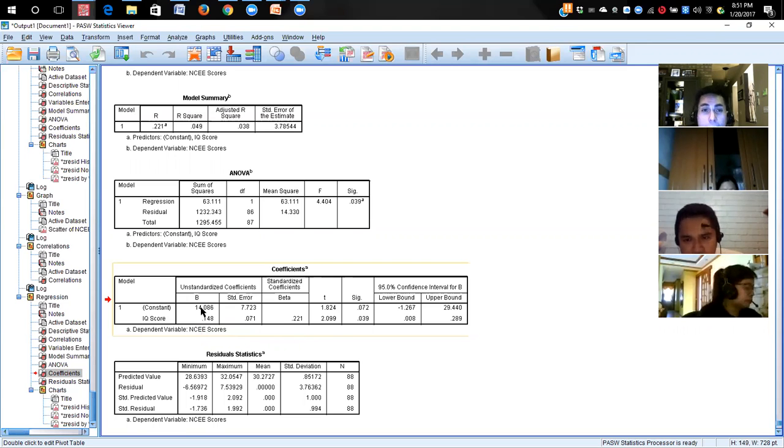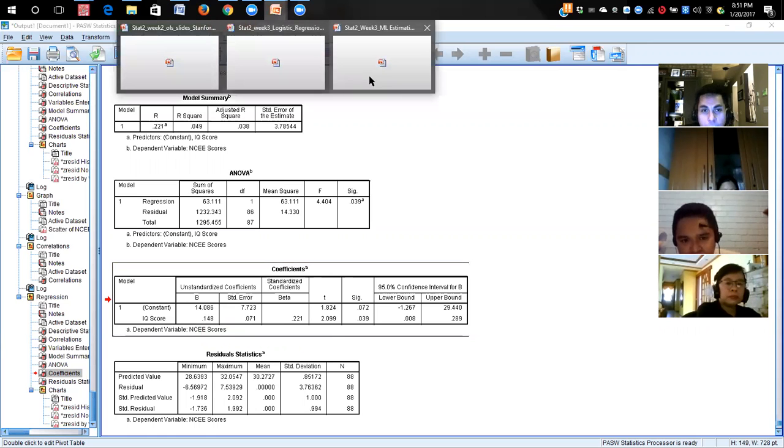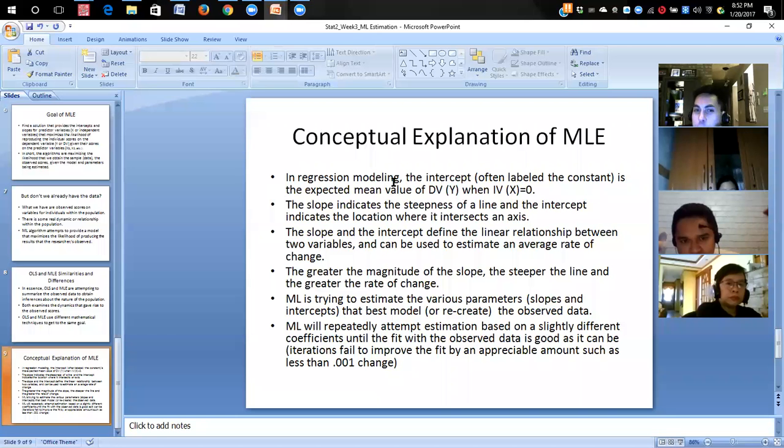So if I go back here, in regression modeling, the intercept, which is labeled as the constant, is the expected mean value of the dependent variable, NCEE, when the independent variable is 0.